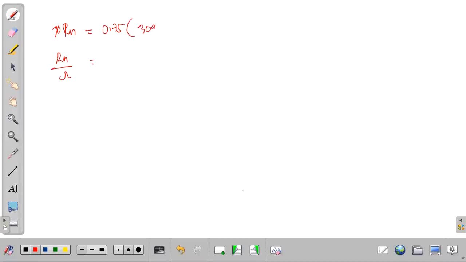So you just need to substitute values here. Masosolve na natin yung design. So ano yung value natin for design? Kindly calculate.